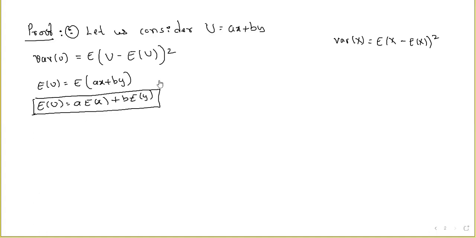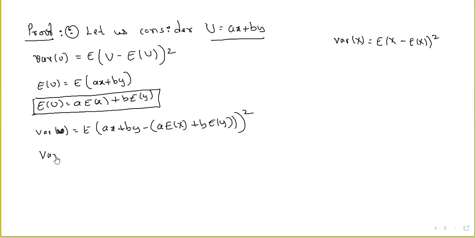Now we'll insert this equation here. I mean variance of u equal to expected value of u minus expected value of u, where u equal to ax plus by, minus a into expected value of x plus b into expected value of y, whole square, right?